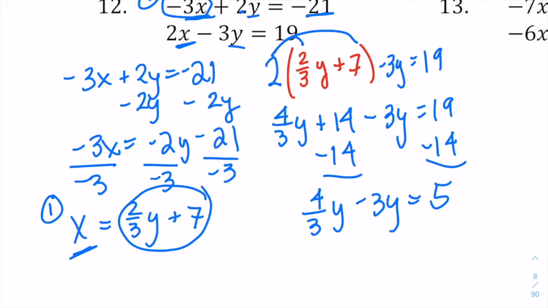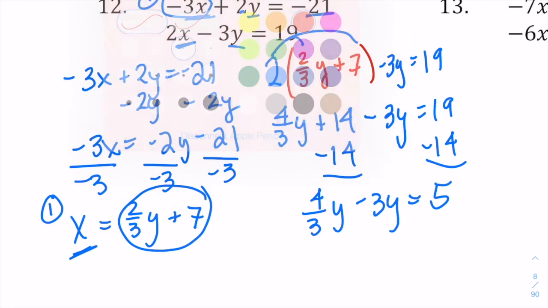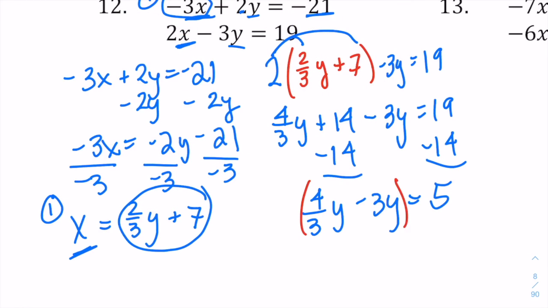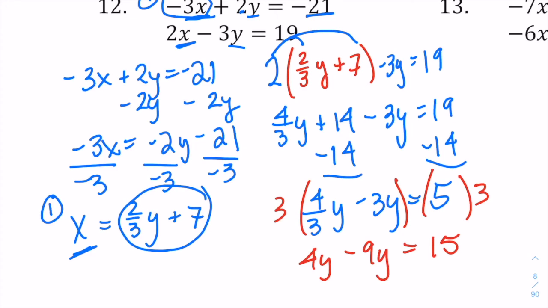Or maybe you would prefer to say, I just hate fractions, get them out of here. Let me multiply both sides by 3. So if I do that here, I'm going to get 4y minus 9y equals 15. So that might be the nicest thing to do. We multiply by 3 to get rid of that, and it makes all the fractions go away.